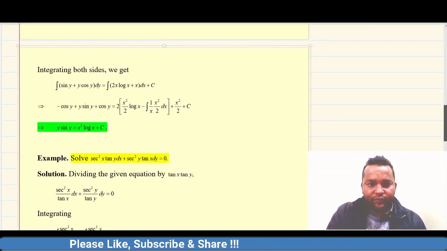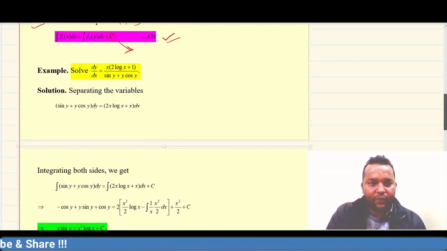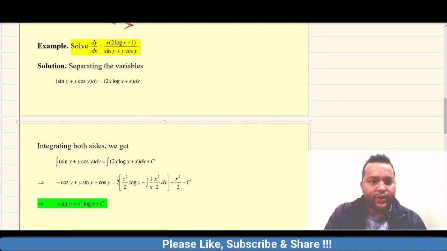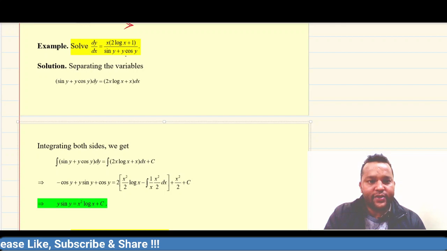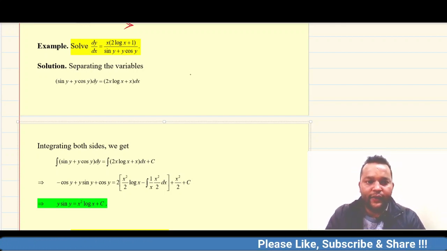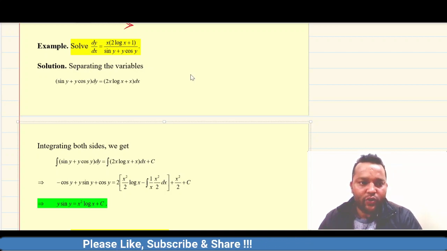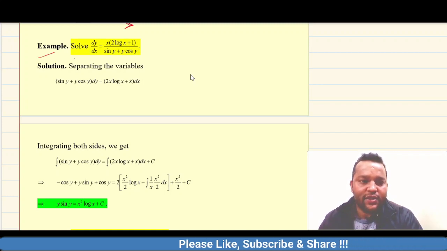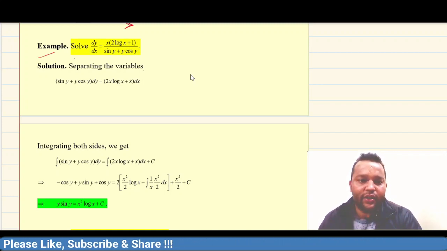Suppose we consider this equation, dy by dx is equal to x times 2 log x plus 1 divided by sine y plus y cos y. In order to find its solution, we first try to write this equation in variable separable form, or simply separating the variables.